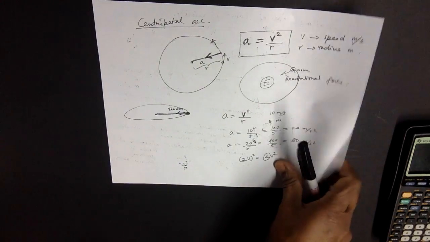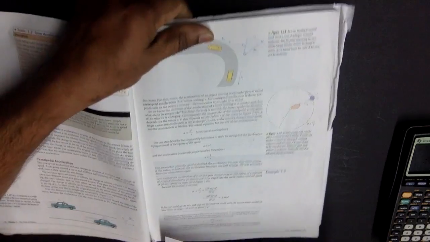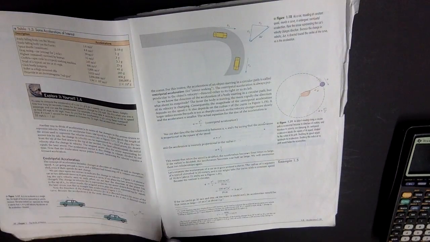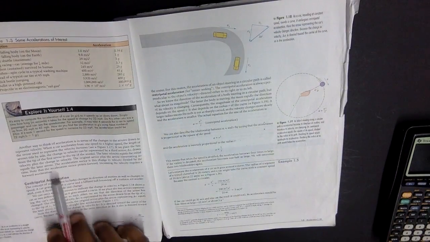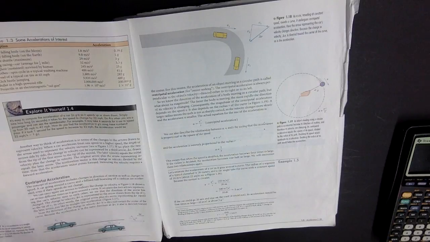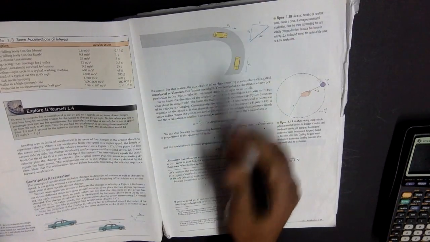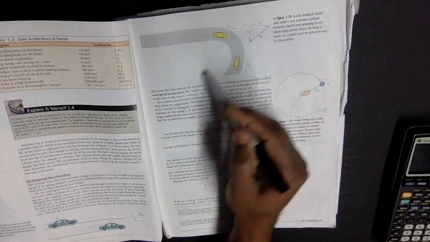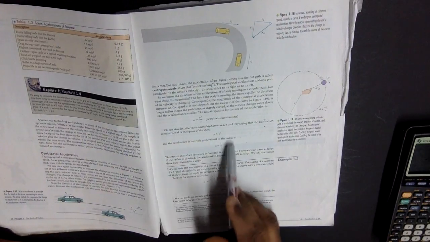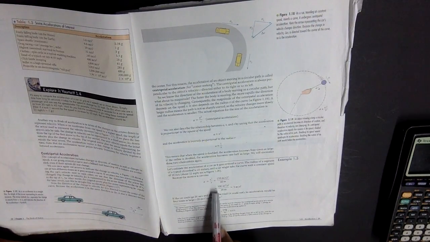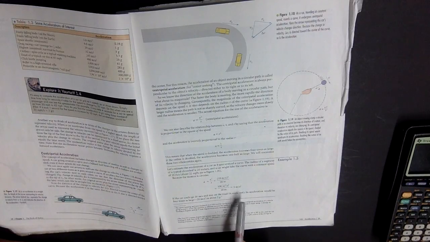carefully done. I'm taking it back again to this textbook. So the centripetal acceleration is described here. You can see the velocity changing directions, and you can see the change in velocity in this direction towards the center. So you can see the equation is mentioned here, and here is an example of a car going around a curve, and see how it is solved.